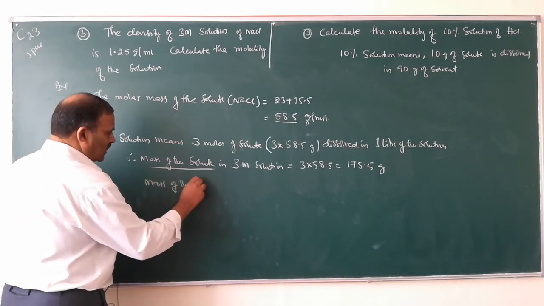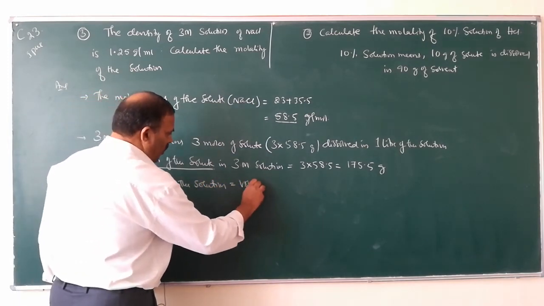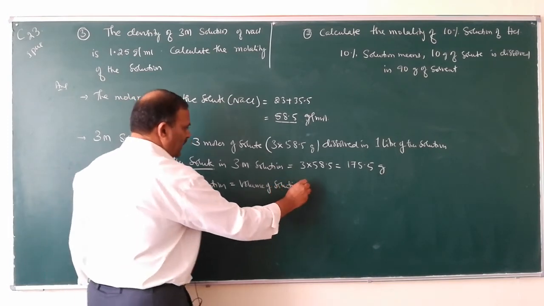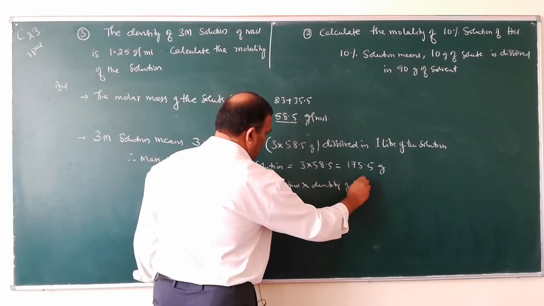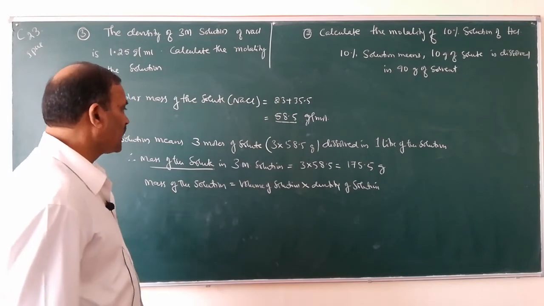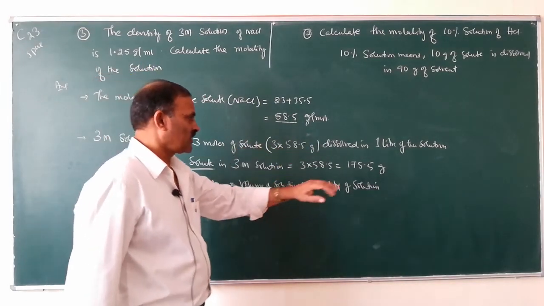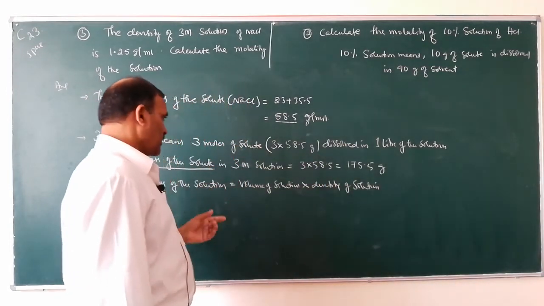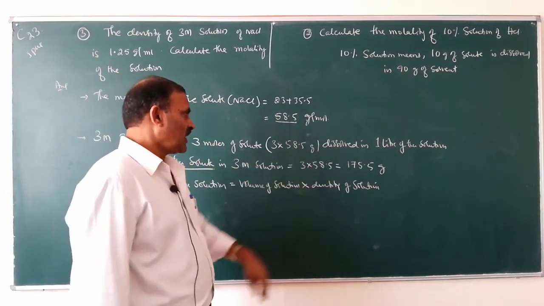Then what is the mass of the solution? Mass of the solution equals volume of solution into density of solution. Here the volume of the solution is given. What is the volume of the solution? 1 liter. 3 molar solution means 3 moles of solute dissolved in 1 liter of the solution.